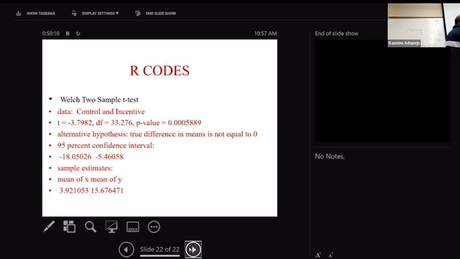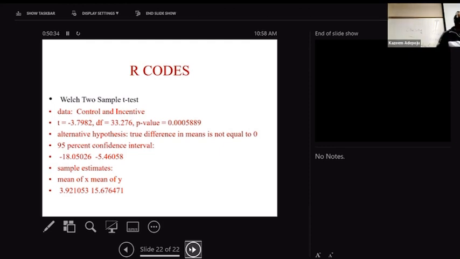Another thing you should pay attention to is the confidence interval. When a confidence interval includes 0, there is no significant difference. But when the confidence interval does not include 0, then there is a significant difference. Of course, can you have a 0 between negative and negative?